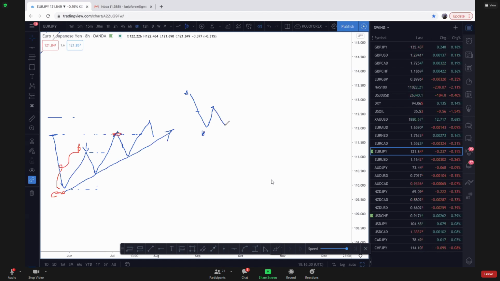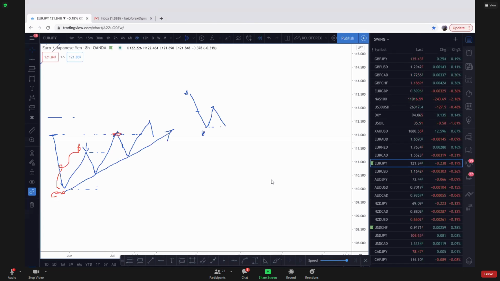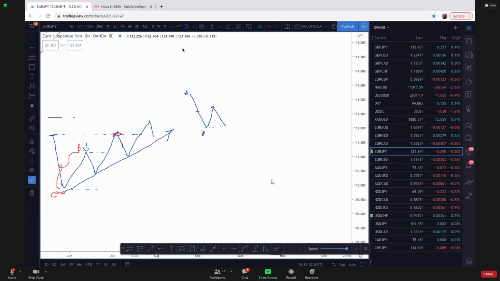Once it's continuing down, we want to ask ourselves, is the market going to hold at this very bottom and then probably push back up, or is it going to break that level, right? So let's say in continuation of the trend, it did break that level.